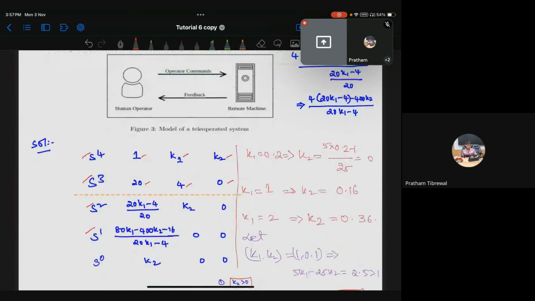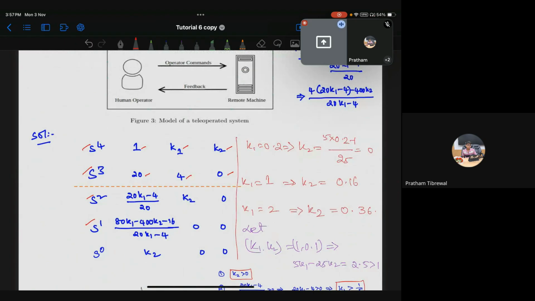Proceed with the calculations. How do you get this one? 20K1 minus 4, divided by 20. This one is 20K2 minus 0, divided by 20, so that is K2. In the same way this will become 0.